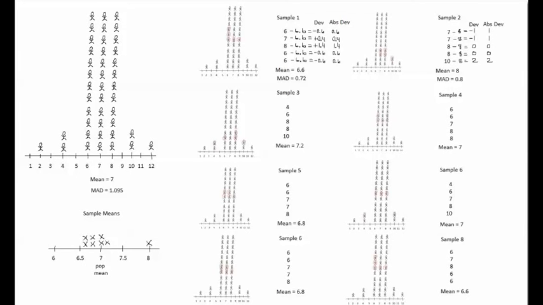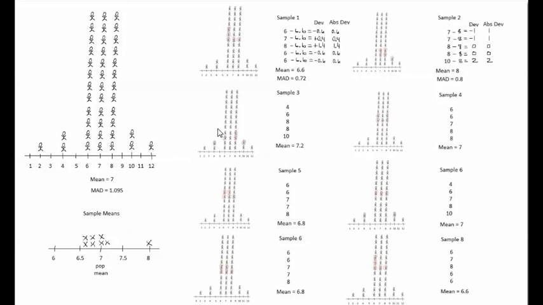And it comes out to 0.8, because these numbers add up to 4. 1 plus 1 plus 0 plus 0 plus 2 is 4, and 4 divided by 5 is 0.8. So inside this sample of 5 people, the average distance to the mean is 0.8. And we can see that this sample mean absolute deviation also underestimates the population mean absolute deviation.